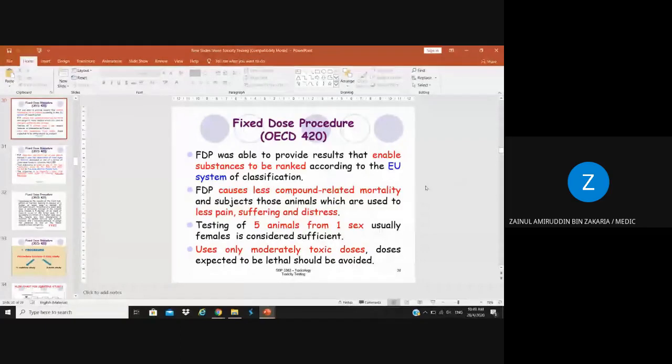OECD 420 enables substances to be ranked according to the EU system of classification. It causes less compound-related mortality.